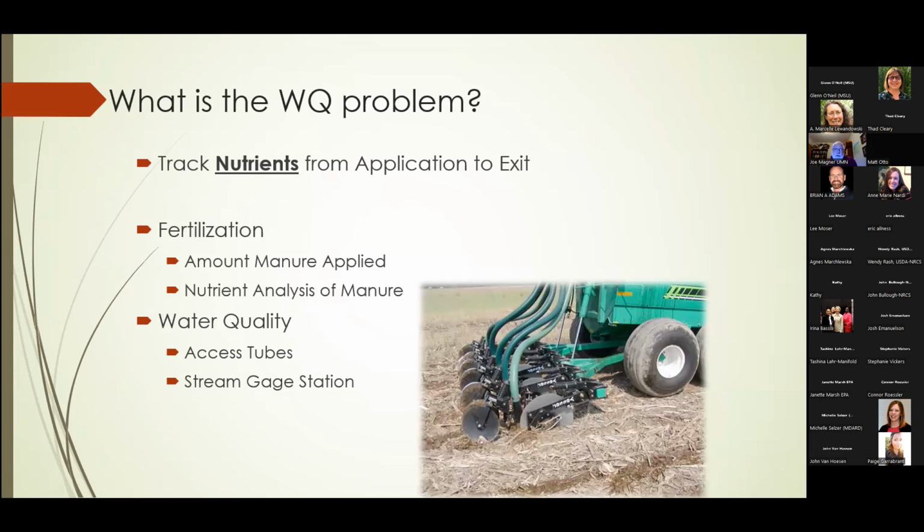So again, the issue here is nutrients, particularly in a watershed where there was a lot of manure being generated, and taking advantage and accounting for that manure was something that they just haven't quite done a very good job of. And that was one of the things that Herb was really looking at.